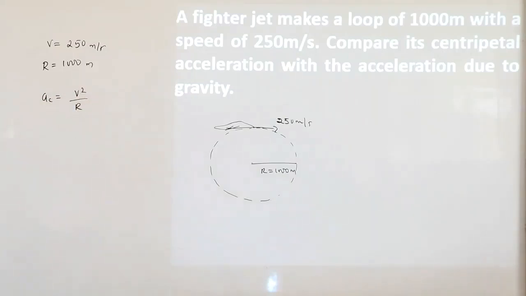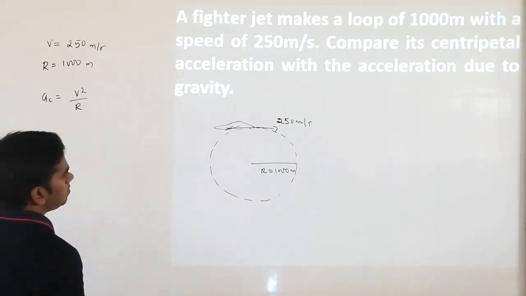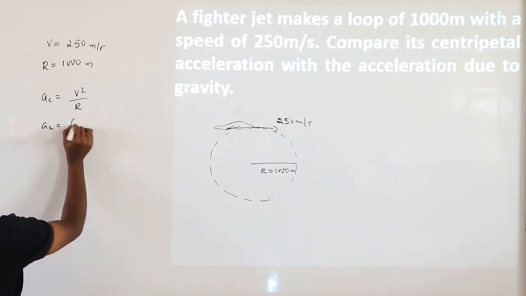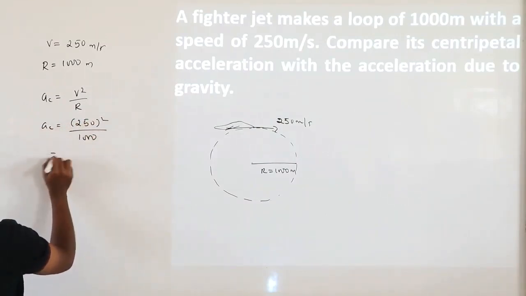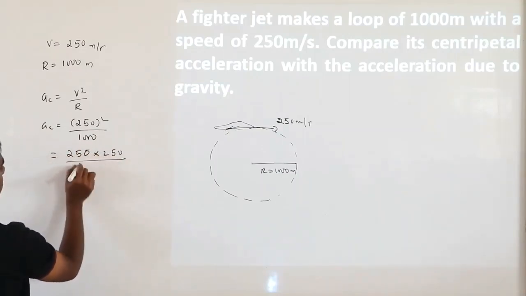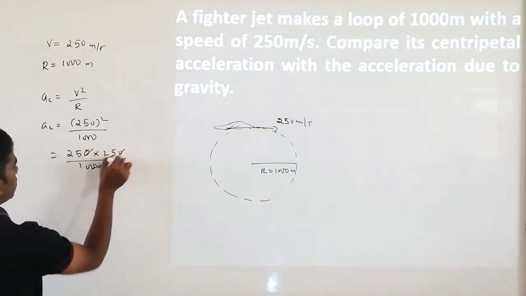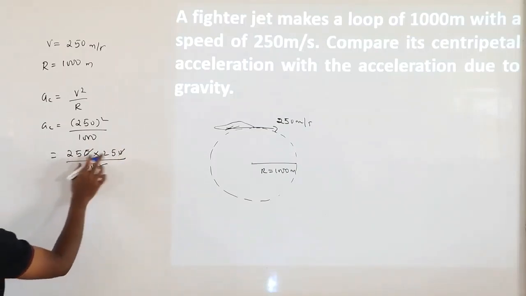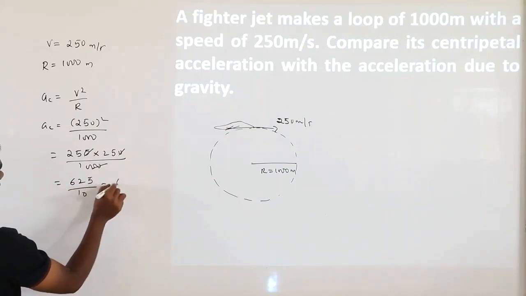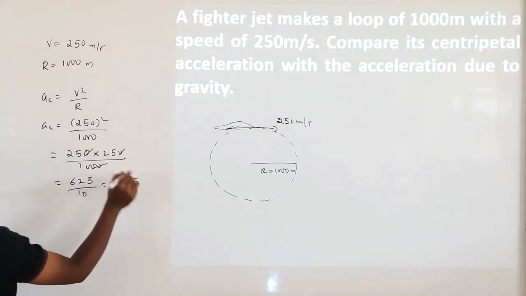So a_c equals 250 squared divided by 1000, that is 250 into 250 divided by 1000. These two zeros get cancelled. So 25 into 25 will be 625 divided by 10. So this will become 62.5.